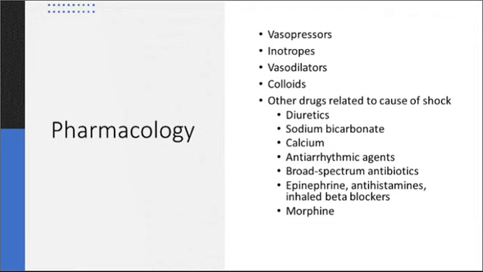Other drugs: diuretics, sodium bicarb, not used often, calcium, antiarrhythmics, calcium channel blockers, broad spectrum antibiotics, epi, antihistamines, beta blockers, morphine, anything that is needed for whatever situation is going on with this person.